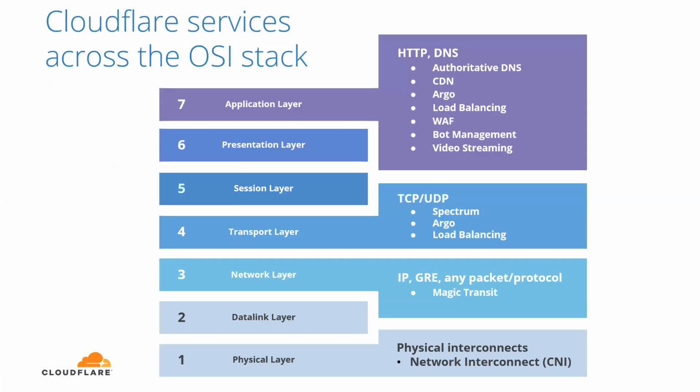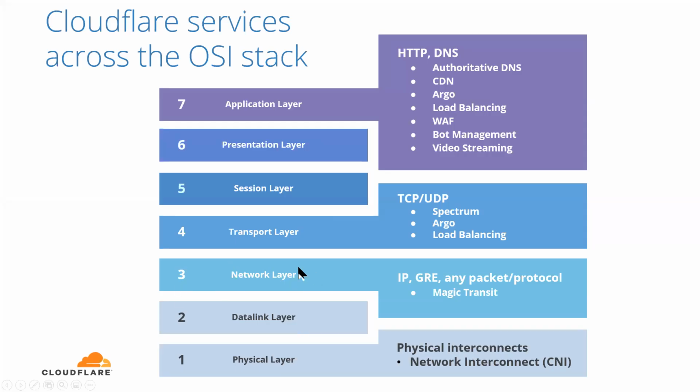At the layer 4 transport layer, Cloudflare security solutions include applications that are not running on the standard HTTP and HTTPS ports. This one is Spectrum, and you can combine Spectrum with Argo, which is our smart routing. We will cover this in the performance module, but in fact, we already covered this in the HCE module last week.